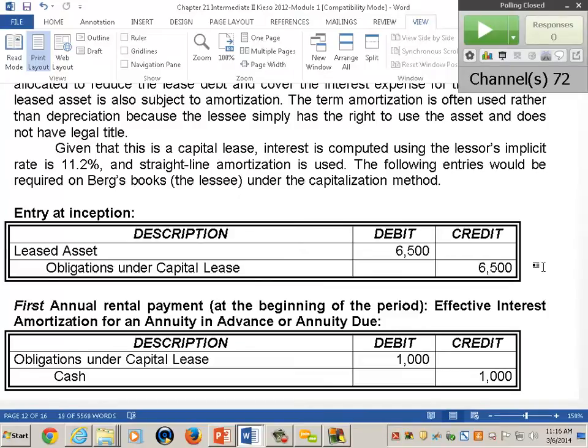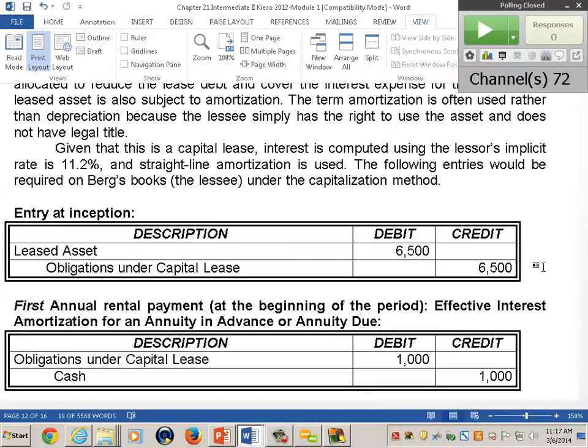I did have a question after class that I want to address right now. What you have to remember is, if you look at the lease structure, and we're going to go over this again, the liability is $6,500 at time period 0. When you have an annuity in advance, something some of you may have worked with, we're always used to annuities in arrears, or ordinary annuities, where everything's done at the end of the year.